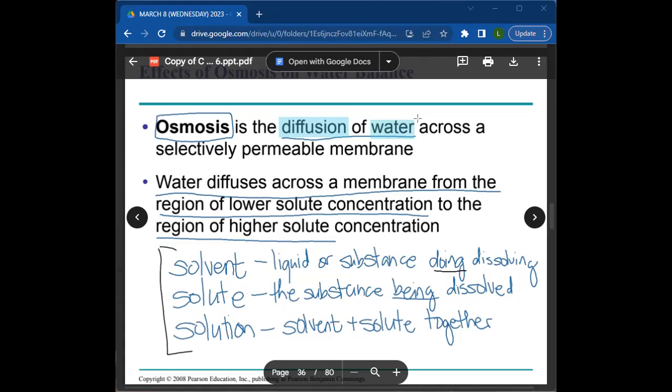So that's the second part of the definition that's important. And then the third part is that it's not even just movement of water, it has to be movement of water across a membrane, a selectively permeable membrane. So all three parts have to be there for the definition of osmosis. It has to be movement of water across a selectively permeable membrane.